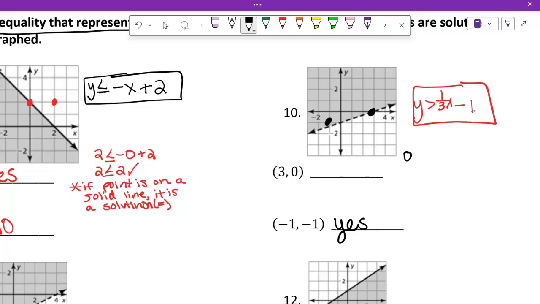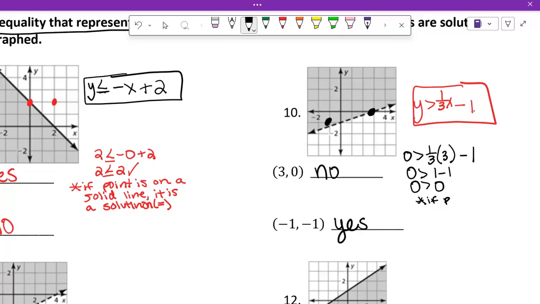So I end up with 0 is greater than 1/3 times 3 minus 1, which is 0 is greater than 1 minus 1, so 0 is greater than 0. Is this a true statement? No. Because it's not equal to, it is equal to it, but it's not greater than it.